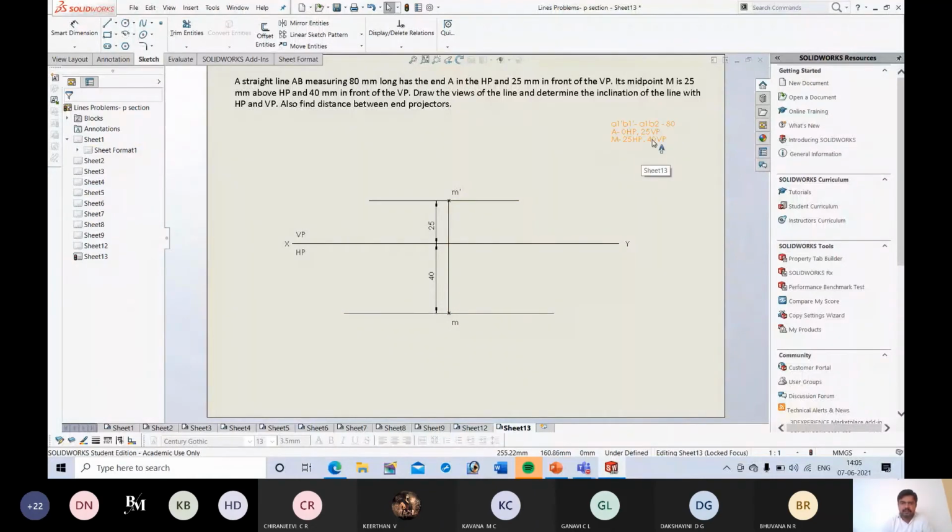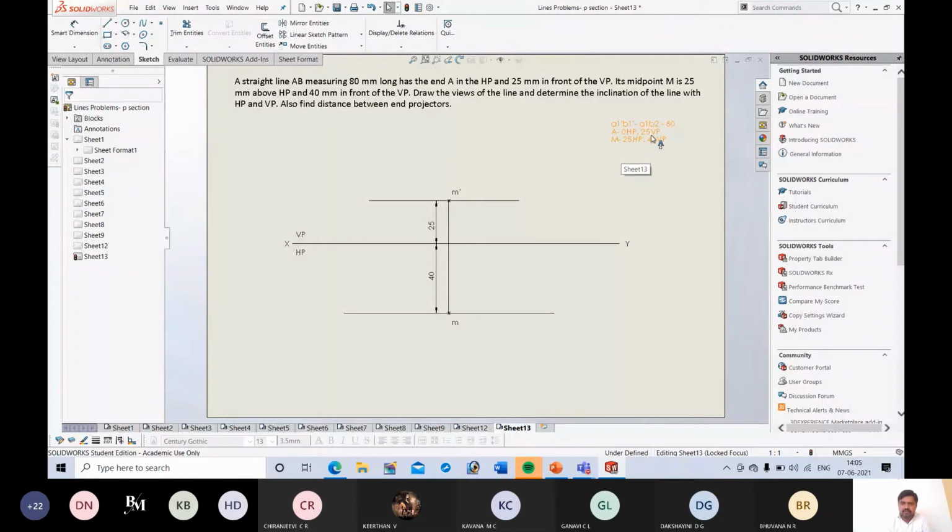Okay, I know the true length of line, that is 80 mm, and also I know the location of A. Okay, 0 from HP means it will be on the XY line only. Then top view is 25 from VP, but where exactly it will lie, that I don't know.